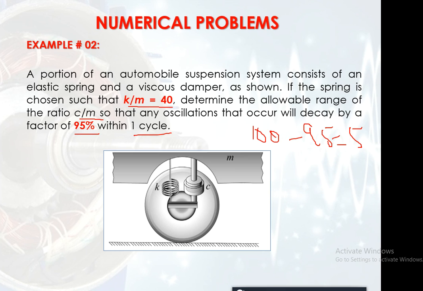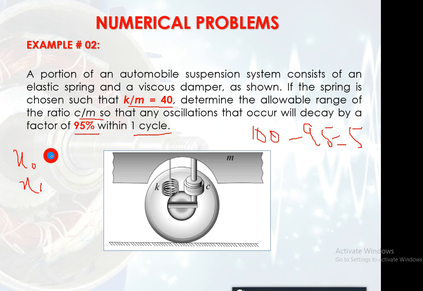So for example, if the initial amplitude is x0 and the final amplitude is x1, the ratio of C over M should be such that the final amplitude decays by 95% and only 5% is left. So we know how we can determine the ratio of the two successive amplitudes.